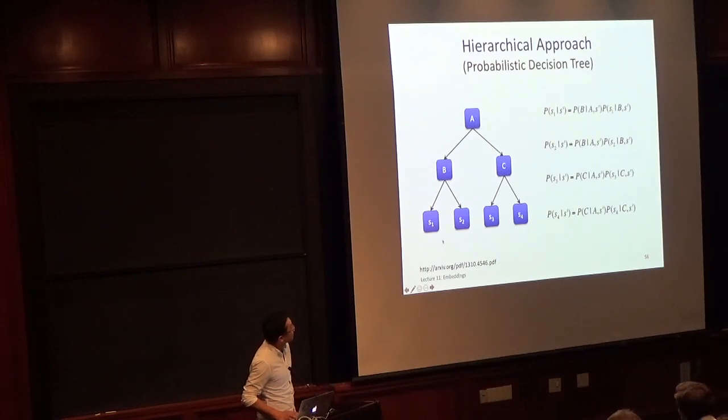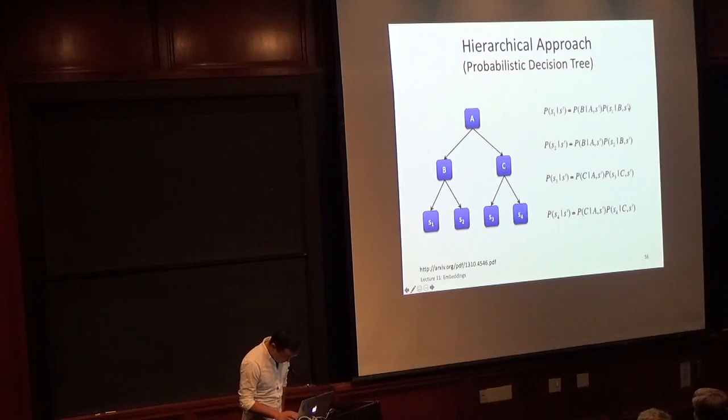Song S1 is over here. So it's the probability of transitioning from node A to node B, conditioned on S prime, times the probability of transitioning from node B to node S1, conditioned on S prime. And so that's how we're going to write out this probability.